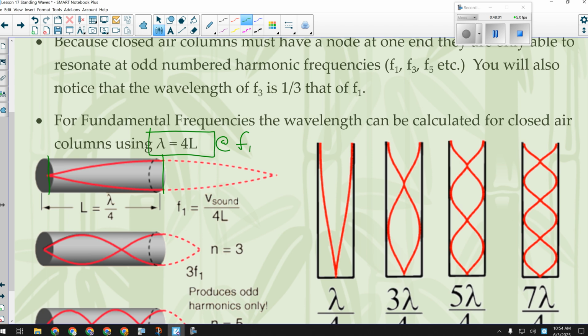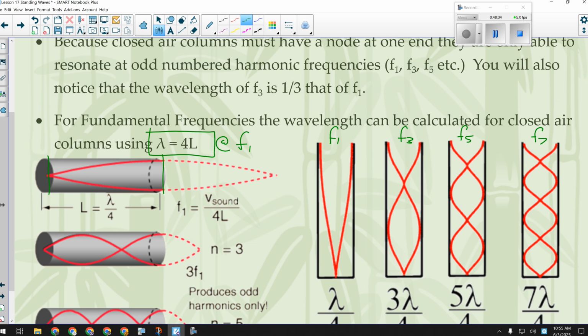That would mean it resonates at F1, F3, F5, F7, 9, 11. Closed air columns only make sound at odd numbered frequencies. They don't resonate at even numbered frequencies.